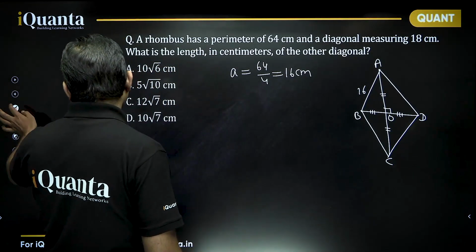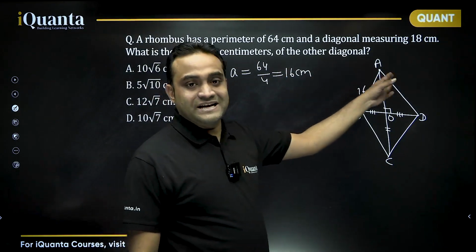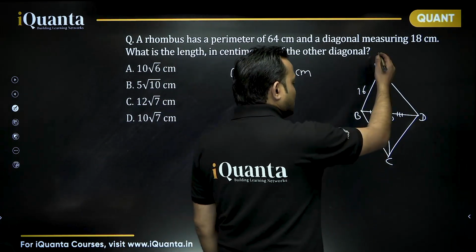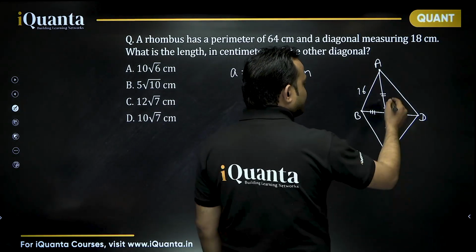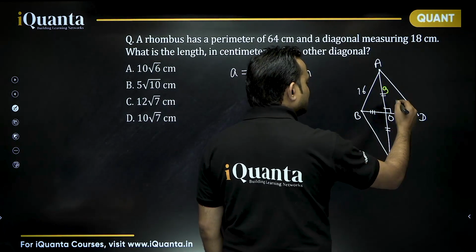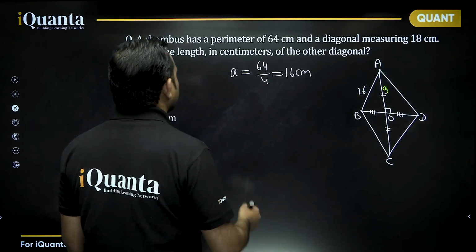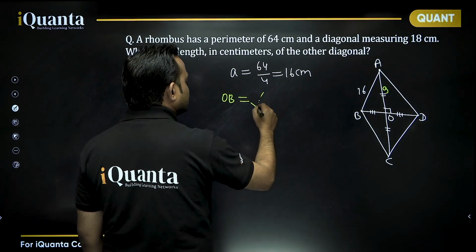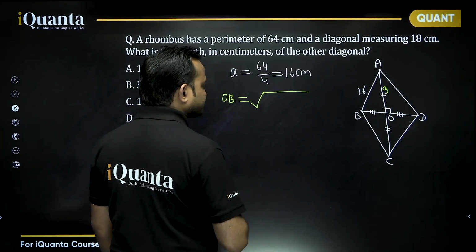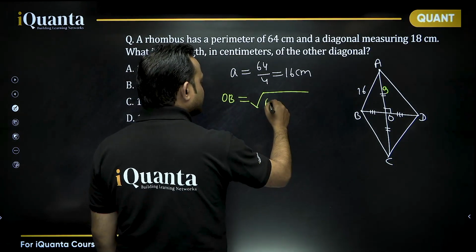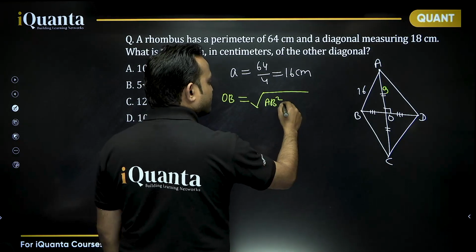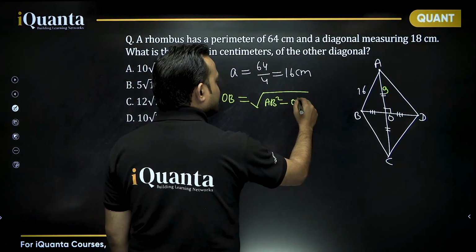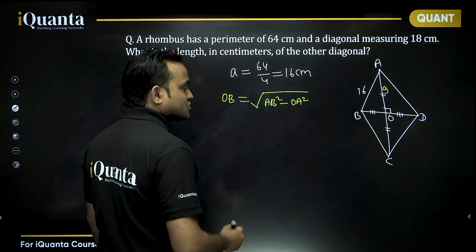Now, a diagonal measuring 18 centimeters. So if we say AC is equal to 18, can we say OA will be equal to 9? In that case, OB will be equal to the square root of AB square minus OA square, using the Pythagoras theorem.